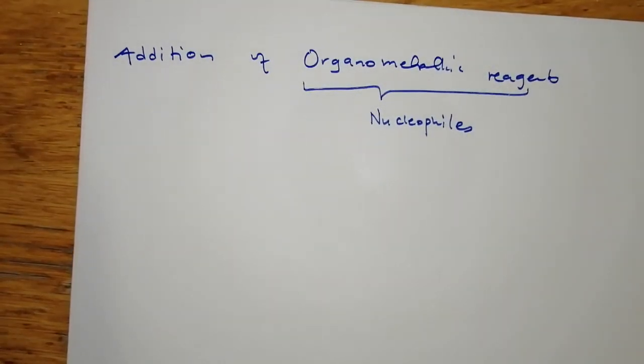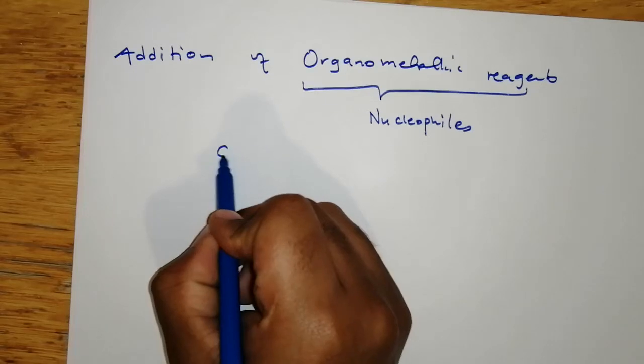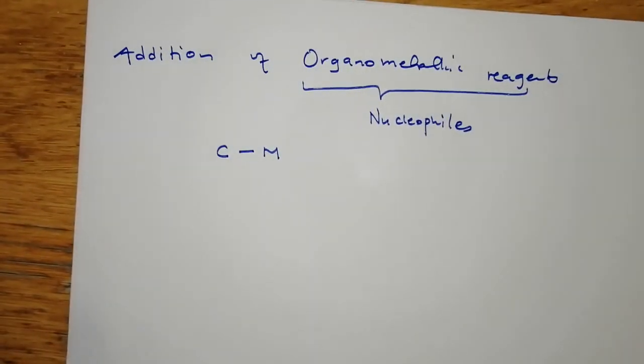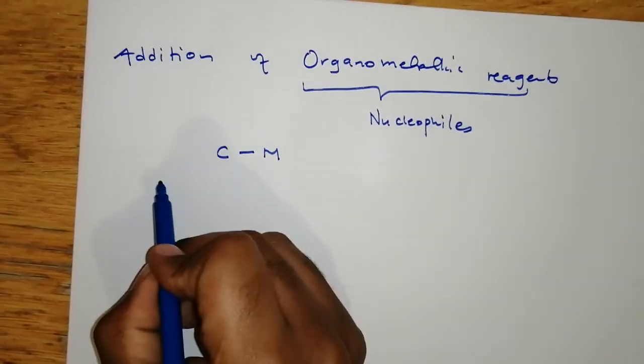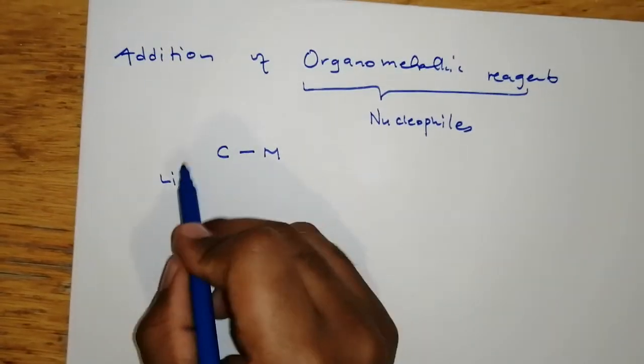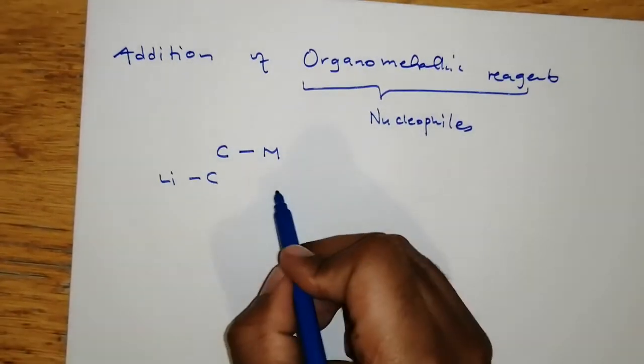You might be at home wondering what in the world that means. We've got a carbon that is directly attached to a metal, so we've got that bond right there, and the metal we use here might be lithium. Got lithium maybe attached to carbon.